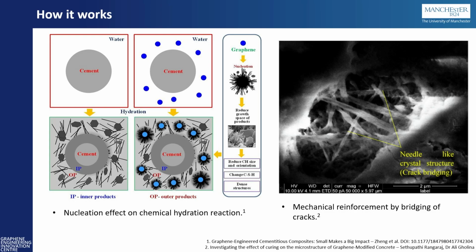The other important point is cracks. I think that's probably more relevant to a pavement audience today. There's a wealth of academic work that shows that graphene can bridge cracks, stop crack propagation, and generally reinforce the concrete material, which in turn leads to more durable concrete, longer lasting structures.